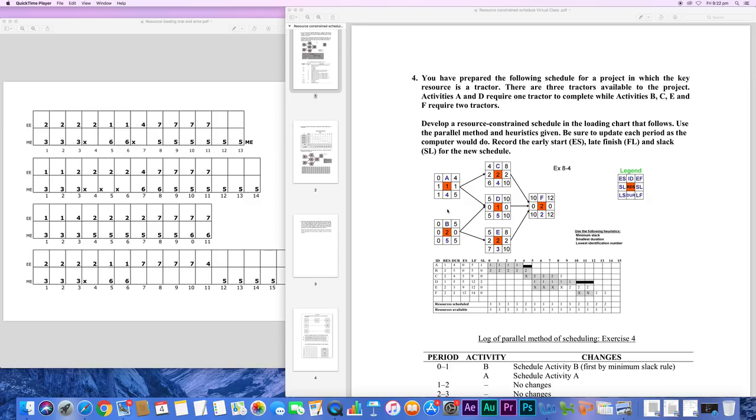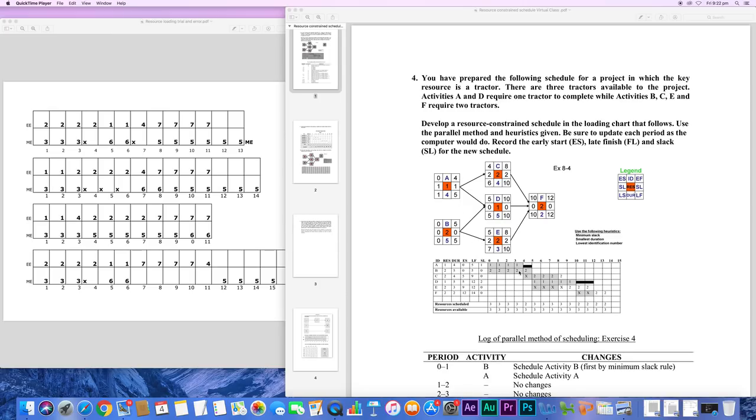So let's schedule activity A. 1 tractor, duration is 4 weeks, so 1, 1, 1, 1. And we don't have a problem with activity B for the first 4 periods either. So we schedule 2, 2, 2, 2.